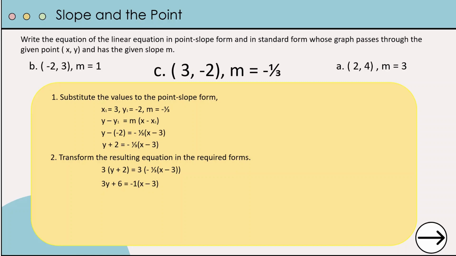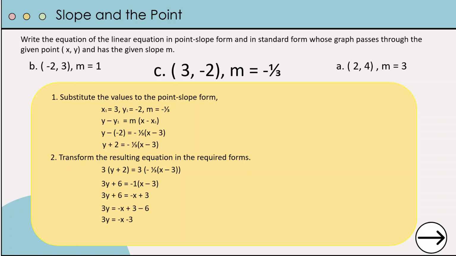Now, let's distribute negative 1 on the right side of the equation. We get 3y plus 6 is equal to negative x plus 3. Let's put 6 on the other side of the equation. We get 3y is equal to negative x plus 3 minus 6. We further simplify, this becomes 3y is equal to negative x minus 3.